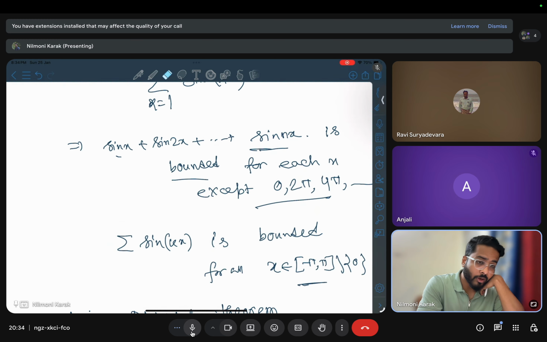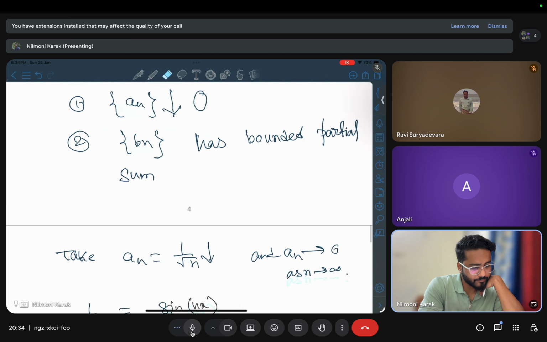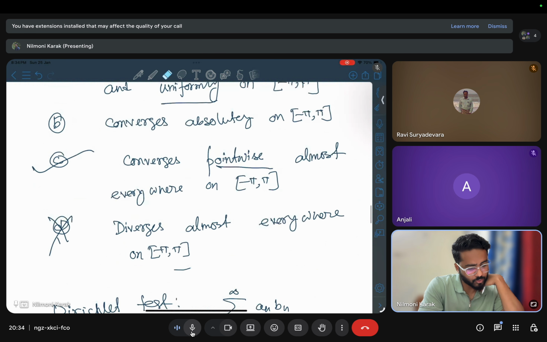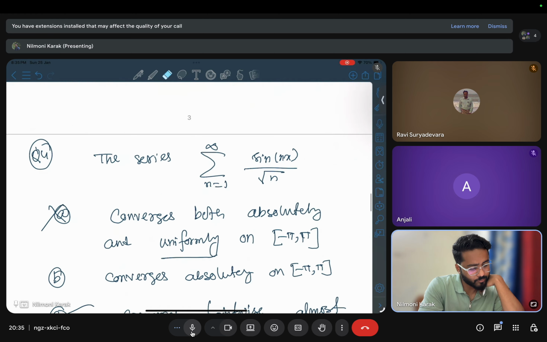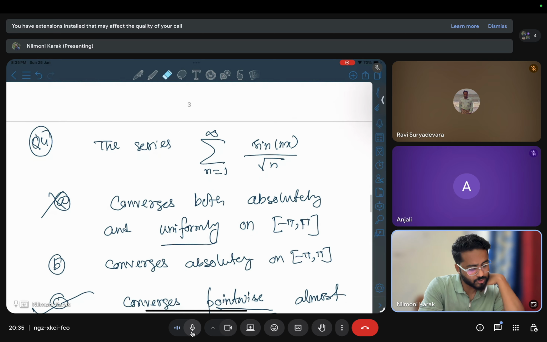For uniform convergence we can talk about this, not pointwise, but that implies pointwise. But still, it is not okay, because x equals 0 is not problematic, right? If we put x equals 0, then the series is 0 only, and that converges.